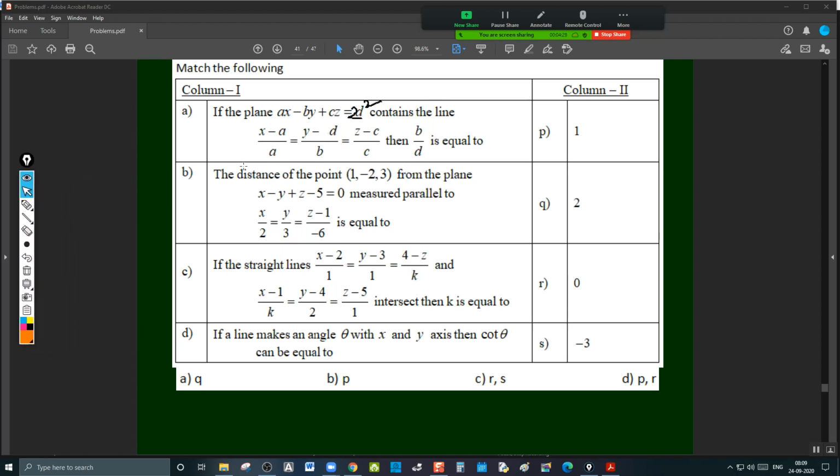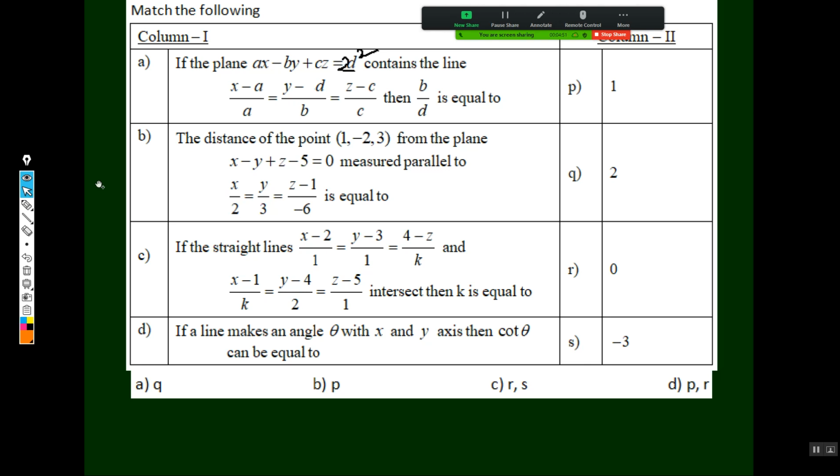If the straight lines intersect, then K is equal to... straight lines intersecting means you have to understand that they definitely lie on the same plane. If you understand clearly, the lines are intersecting means they will intersect on a plane. Should I increase the size of the font, or is it visible to you all?